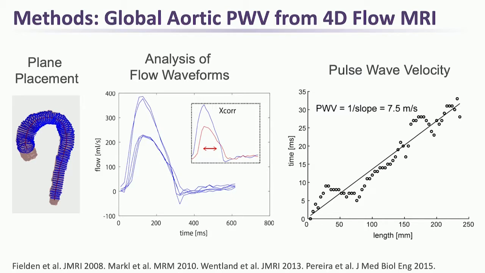And then from that information, you can get the time delays between the flow waveforms at each location. And then we get the pulse wave velocity by plotting the time delays by the length traveled along the aorta. And the pulse wave velocity is simply one over the slope of that data. And here I'm showing all the data points.